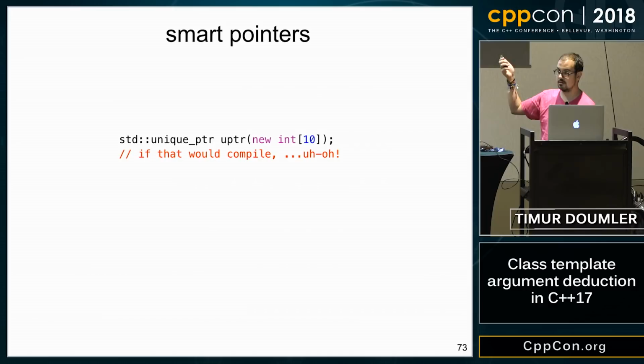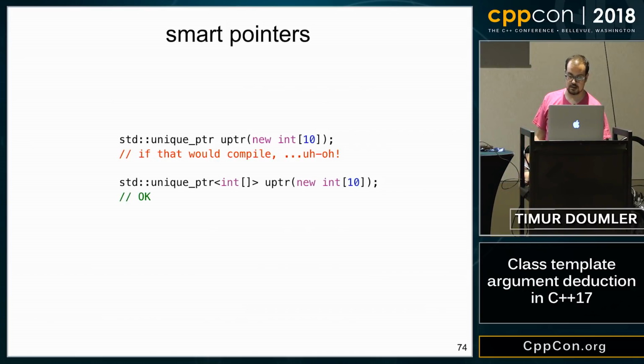So if you give it an array, it's going to decay into a pointer. And if that would work with CTAD, it would deduce unique pointer of int and not of int array. And then if that would go out of scope, it would call delete not the array version, but the normal version. And then undefined behavior, everything explodes, right? Bad. Or at least you would get a memory leak. So that doesn't compile, and in this case, if you want a unique pointer of arrays, you have to specify it.